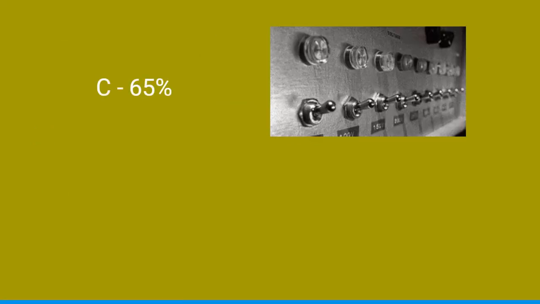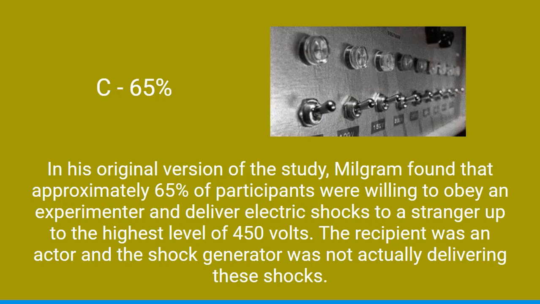And this would be C, 65%. In his original version of the study, Milgram found that approximately 65% of participants were willing to obey an experimenter and deliver electric shocks to a stranger up to the highest level of 450 volts. The recipient was an actor, and the shock generator was not actually delivering these shocks.